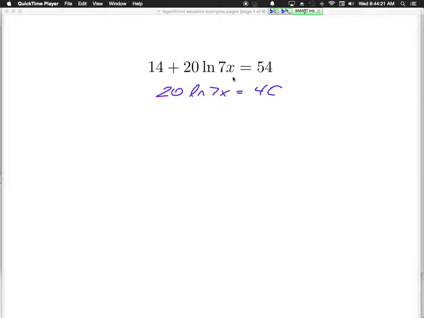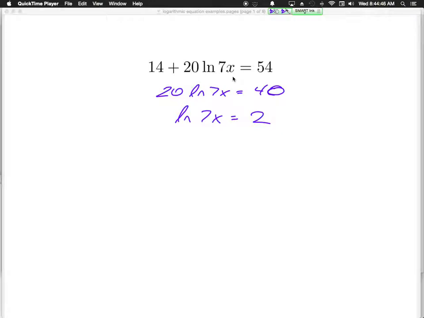Then what? Divide by 20. So I get natural log of 7x equals 2. So I have now successfully got the logarithmic part by itself. And once we get the log part by itself, what do we usually do? Change forms.